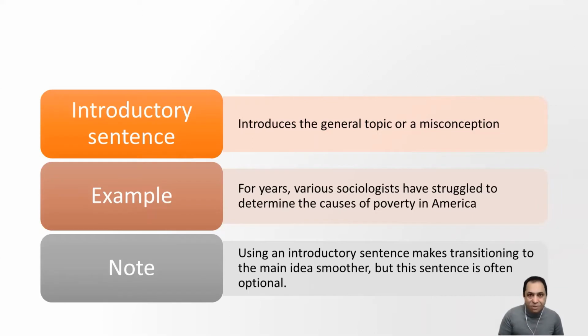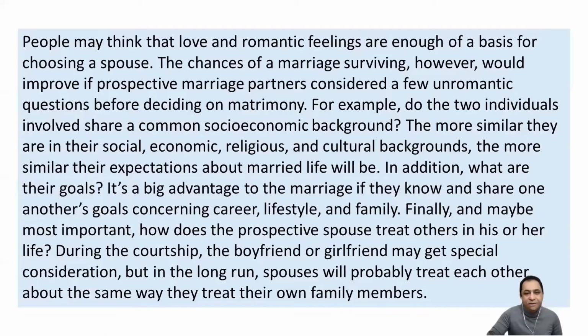So we know this is about the causes of poverty, but we don't know exactly what the main idea of this paragraph is. I can guess. If it says for years they haven't been able to do that, probably now it's saying maybe there is some kind of definition anyway. Using an introductory sentence makes the paragraph start smoothly if you want to include one.